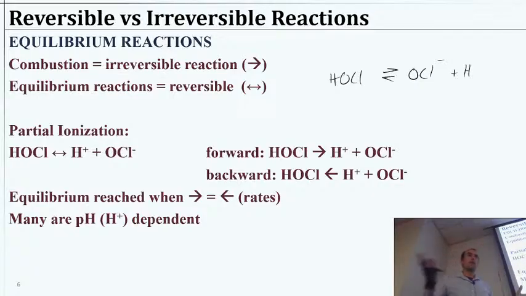The acidity of our solution is going to affect how well our chlorine works, because it turns out this H+ is going to push the reaction to the left, or if we don't have much at all, it'll kind of pull the reaction to the right to try to release a little bit more into solution. So we're going to talk about how we describe that balance with math and a couple of important scenarios.